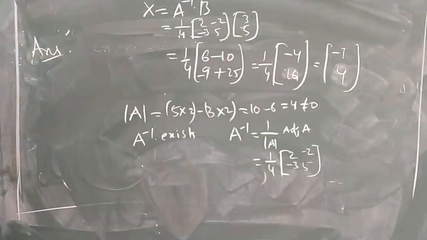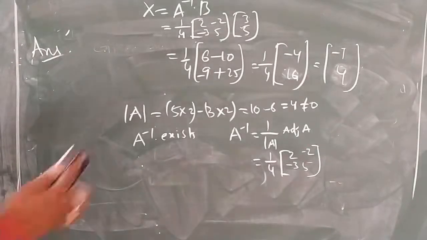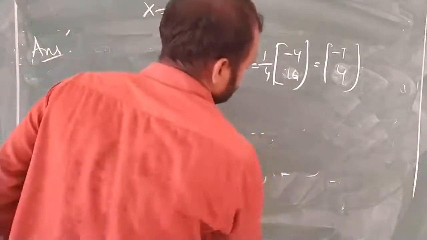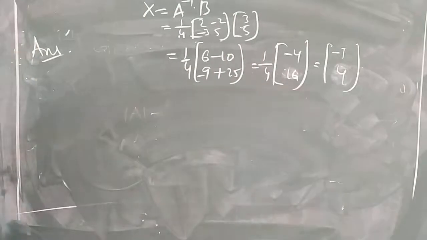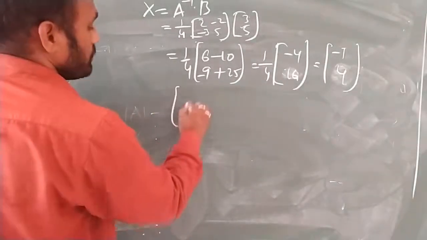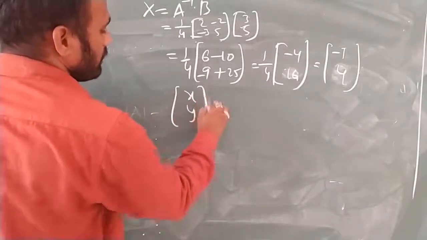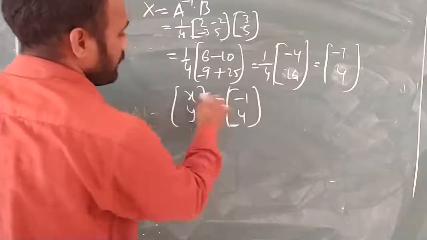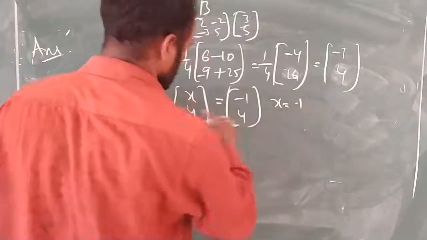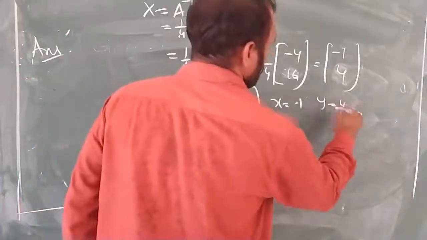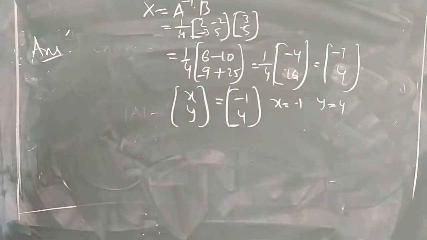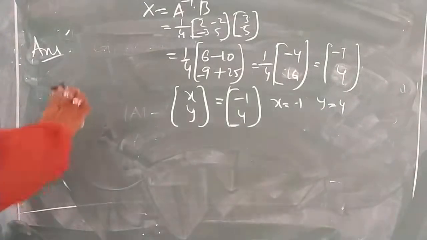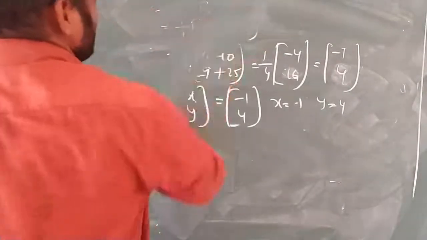That is the solution. Lastly, we need to represent the solution. So here we got x, y = -1, 4. Equating the values, x is -1 and y is 4. This is about a 2 by 2 matrix. Now let us see another question using a 3 by 3 matrix.